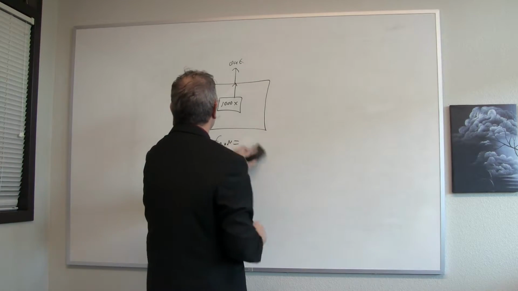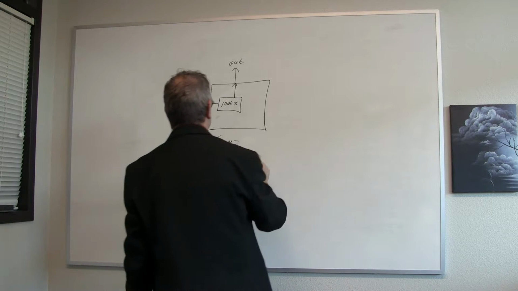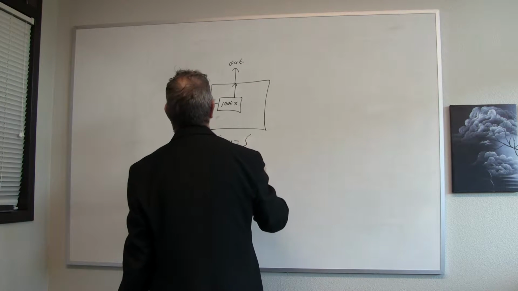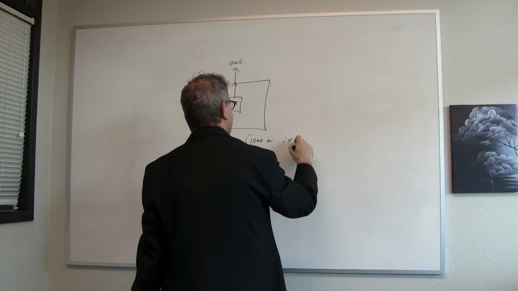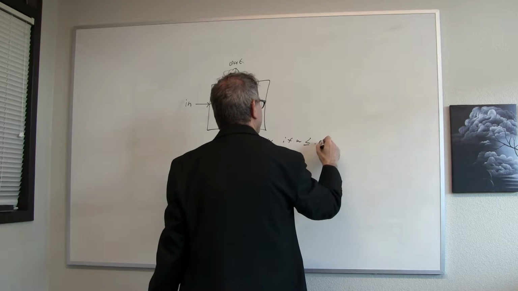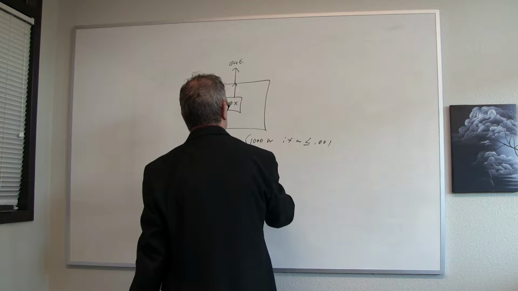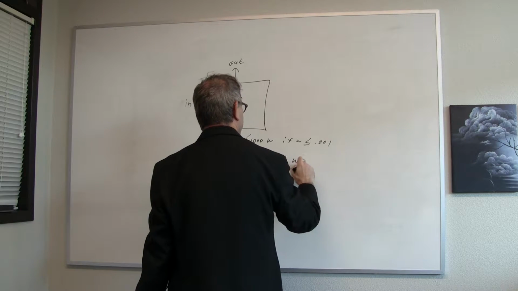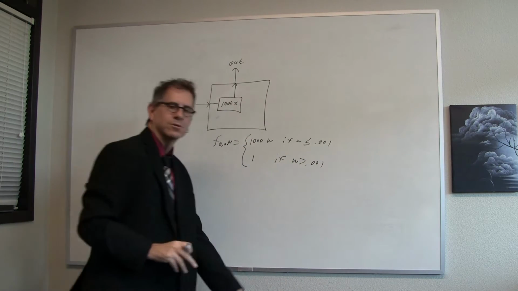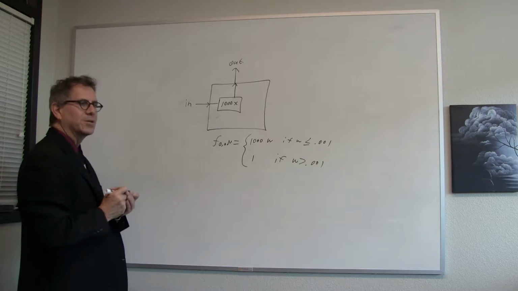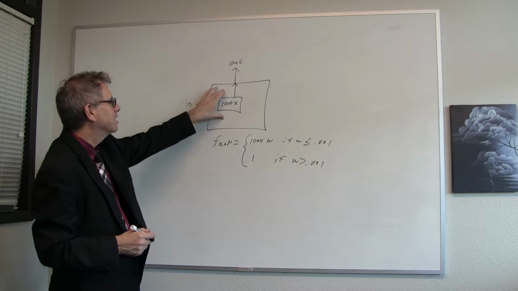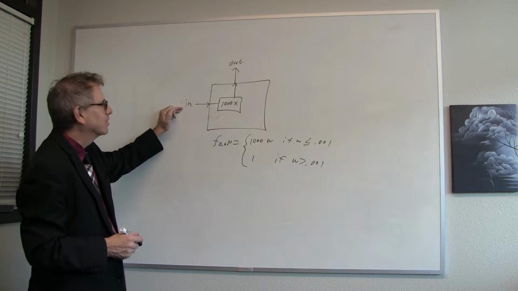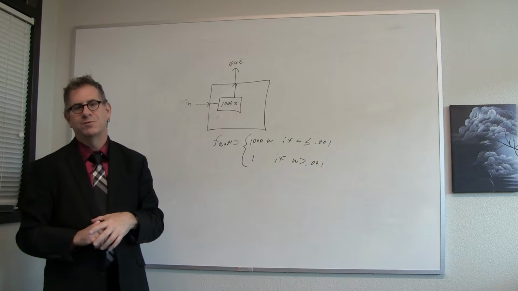We could say the function's output to the north is equal to, and let's do this with 2 cases, it could be 1,000 times the west if west is less than or equal to 0.001. It could be 1 if west is bigger than a millivolt. And so this is a clipping amplifier. Any voltage from 0 to a millivolt will get amplified 1000x. And anything a millivolt or larger will simply produce a 1 volt output.